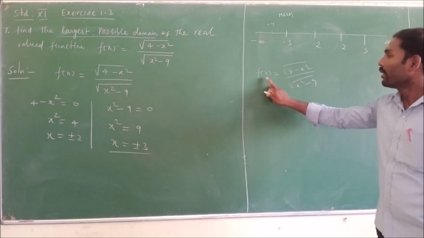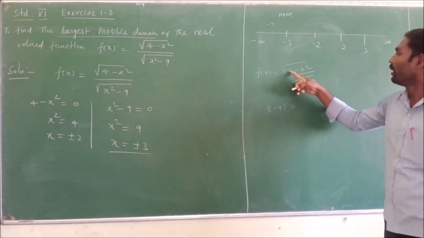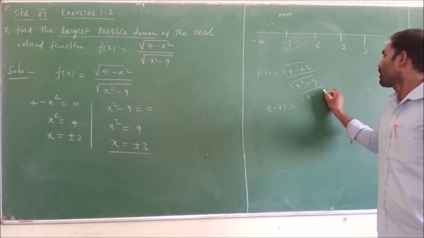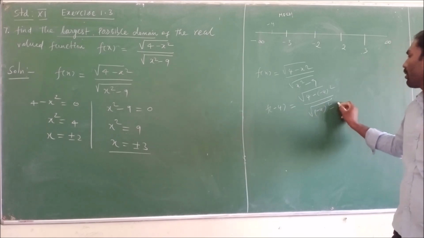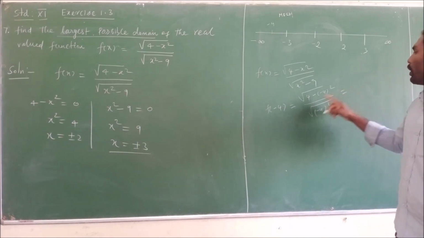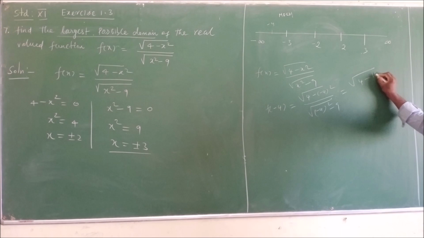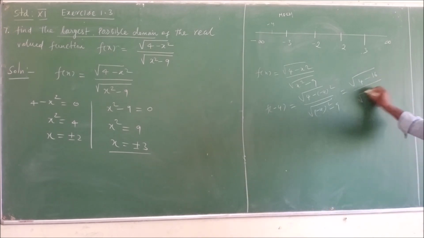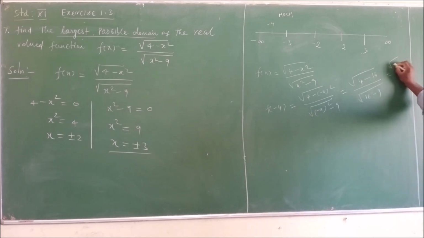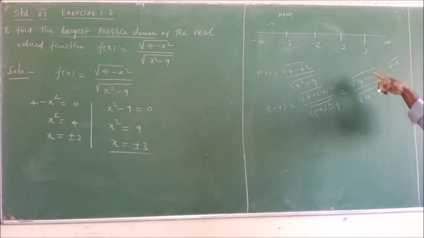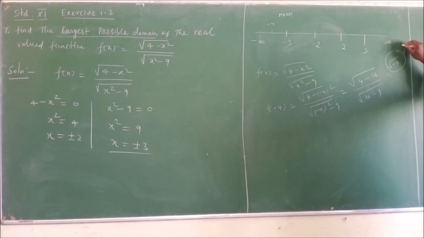Then f of minus 4 equals square root of 4 minus (minus 4) whole square, divided by square root of (minus 4) whole square minus 9. The numerator is square root of 4 minus 16, and the denominator is square root of 16 minus 9. The numerator is the root of negative 12, so a negative root cannot exist.